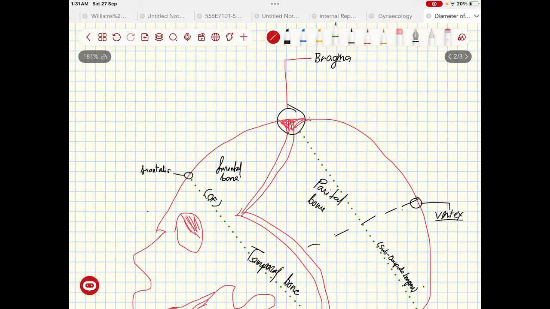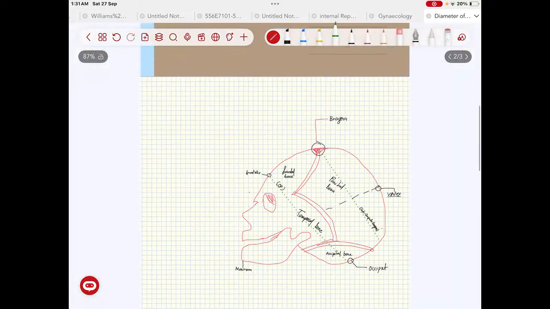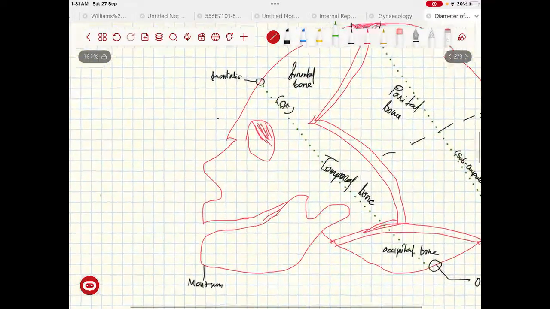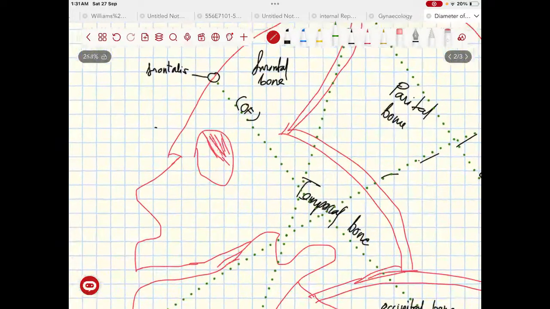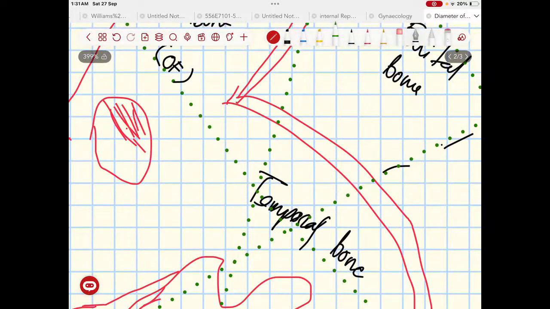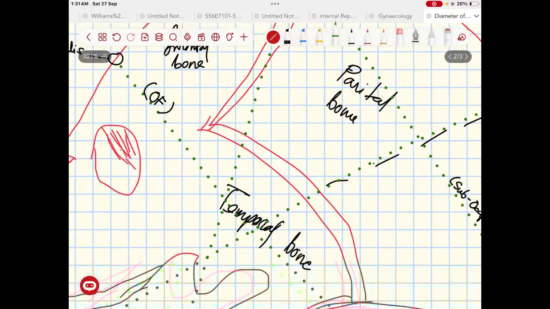Then we should draw the submento bregma, submento vertex, bregma, submento vertex. Anything else? No. Mento vertex. Okay, now it's okay. So temporal, which one is temporal? That is the bone, temporal, occipitofrontalis.